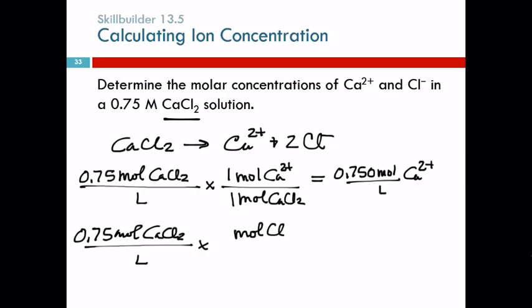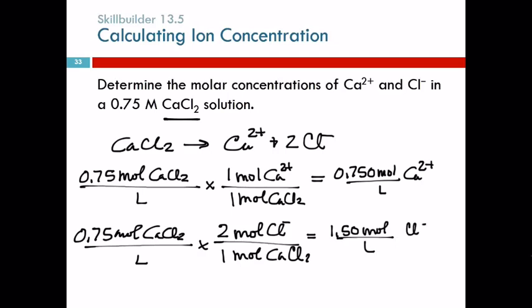Moles of chloride per mole calcium chloride. What's the ratio here? 2 to 1. There are 2 moles of chloride for each 1 mole. 2 moles of this for every 1 mole of that. So I'm going to end up with 1.50 moles per liter of chloride ions. Any questions? Because ionic compounds come apart into their individual ions.